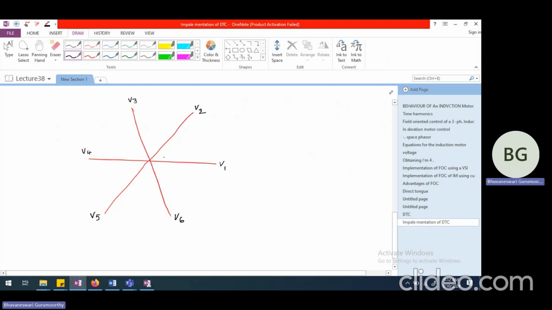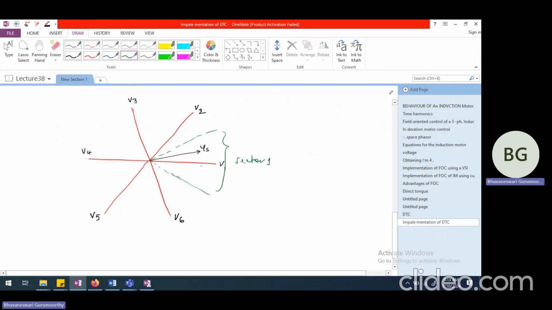And let us say I am starting with 0 flux in the initial step. Maybe my psi s has come somewhere here. So this is going to be my psi s. If you look at the sector positions, I already told you that from here until here it is sector 1.